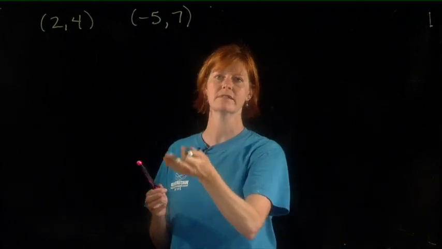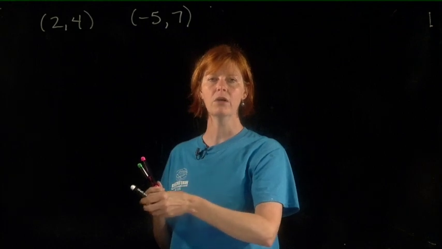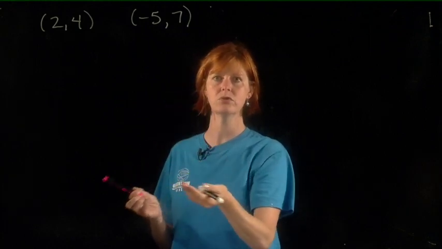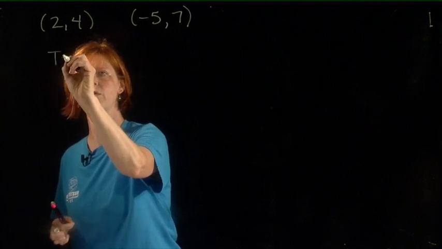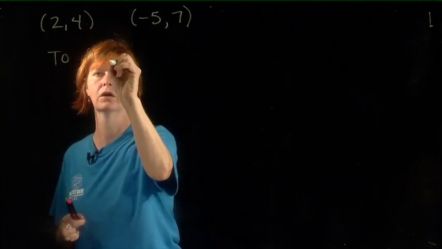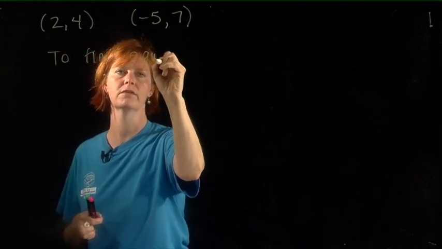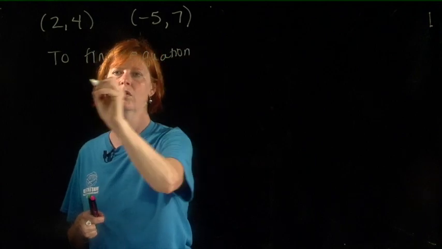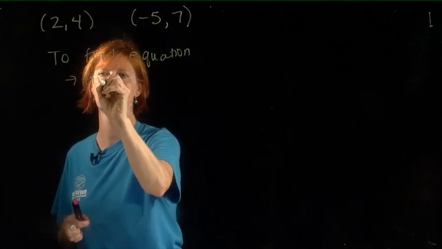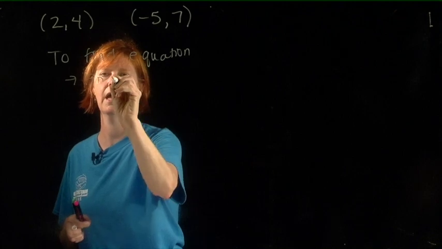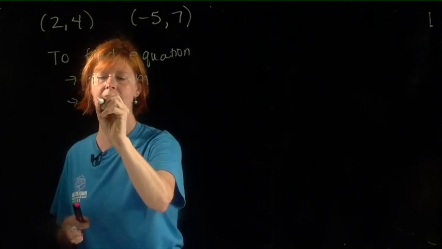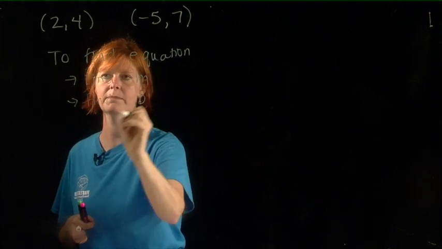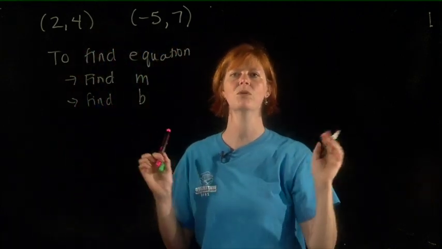Now you don't have the slope this time, but you recall from finding the slope of 2 points, you can do this. This isn't new material. So to find the equation, we're going to find the slope, and then we're going to find the y-intercept, and then we'll just simply write the equation.